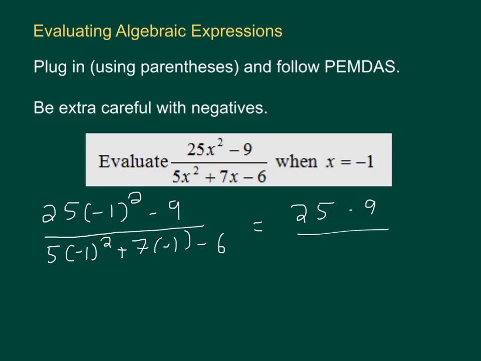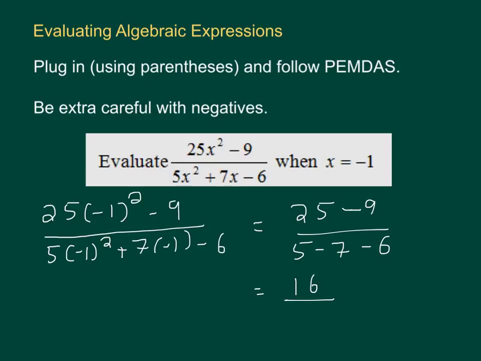And in the denominator, I'm going to have a similar thing. I'm going to have negative 1 squared is negative 1 times negative 1, which is 1, times 5 is 5. Plus 7 times negative 1 becomes a minus 7, and then minus 6. Now I'll just go left to right in each part here. My numerator was 25 minus 9, which is 16.